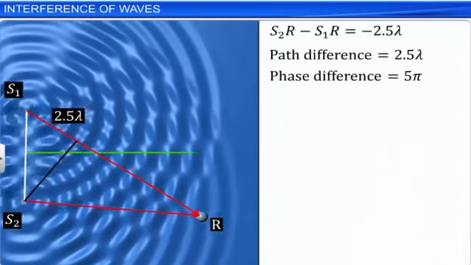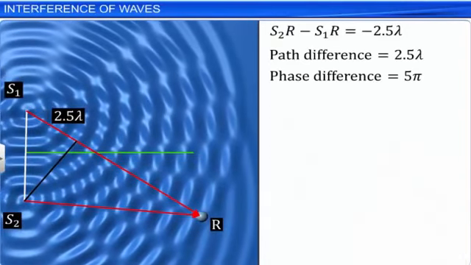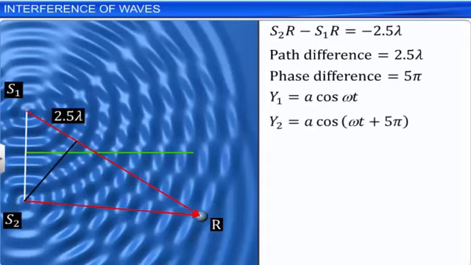Thus, if the displacement produced at the point R due to the waves from the source S1 is given by y1 is equal to a cos omega t, then the displacement due to the waves from S2 will be y2 is equal to a cos omega t plus 5 pi, which is equal to minus a cos omega t.